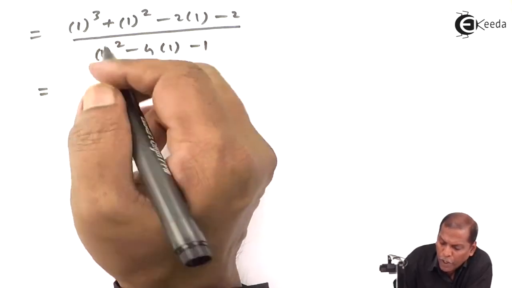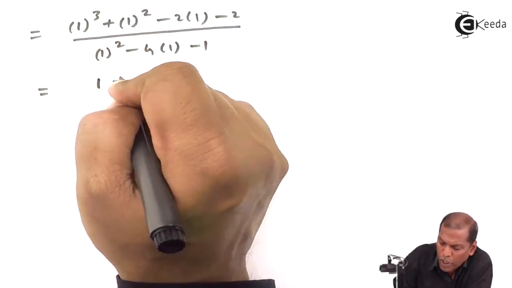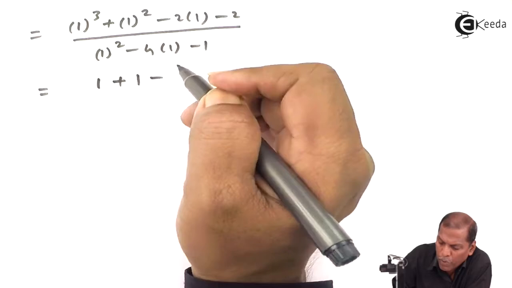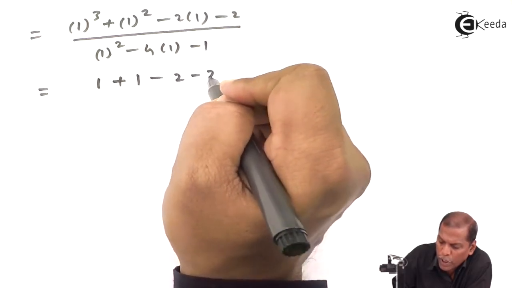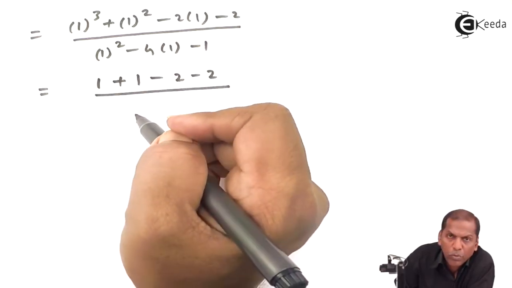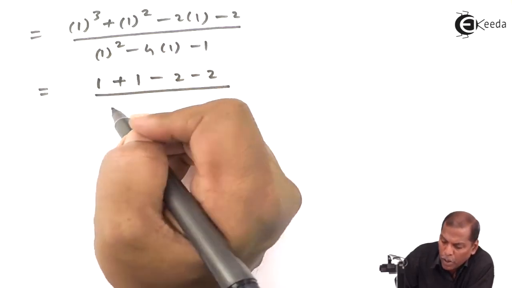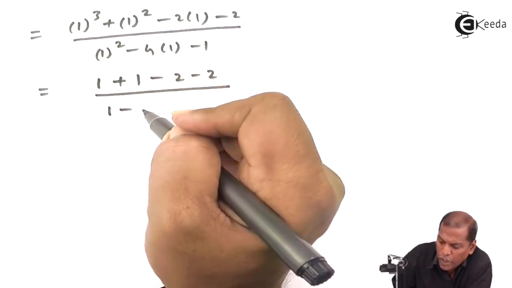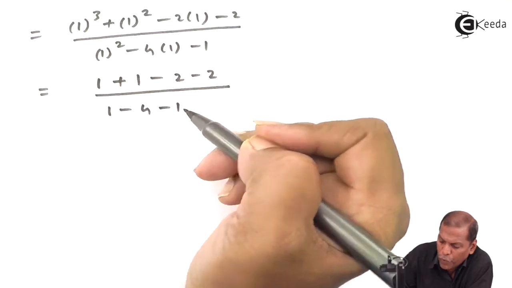So on simplifying further, 1 cube is 1, plus 1 square means 1, minus 2 into 1 is 2, and finally minus 2 in the numerator, and in the denominator we have 1 minus 4 into 1 is 4, minus 1.